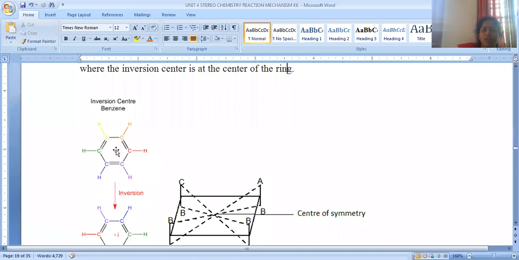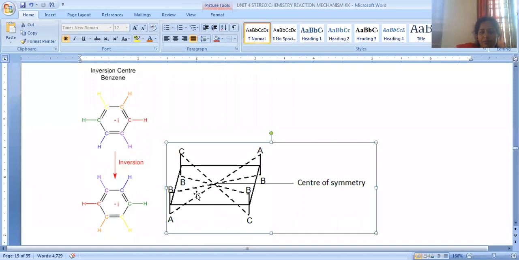In the benzene molecule, from the center we can draw the line. So here center of symmetry is there, here also, and here also. Let us take another molecule. From the center, if you draw a line towards one side, in the exact opposite direction the same functional group B is there. Here B is there, here also B is there. Hence it possesses a center of symmetry. And when we draw the line from this corner to the opposite corner, again identical functional groups are present.